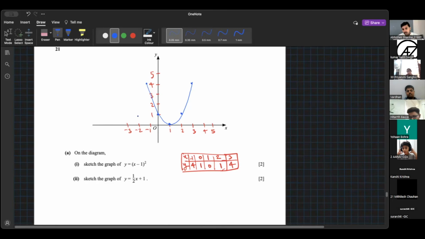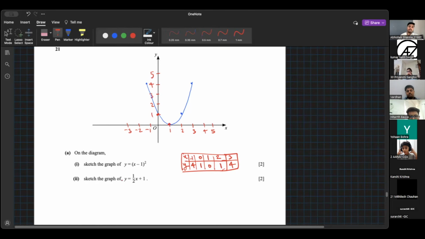That can be done, but generally we do it like this. That is also correct. We can use the h and k values to find the turning point and show the y-intercept. These are the important points you have to show: the turning point and the y-intercept. Then you extend it, and it should be symmetrical because it's a parabola.